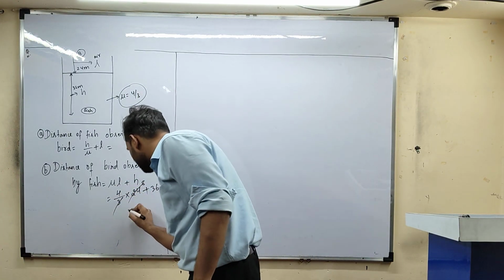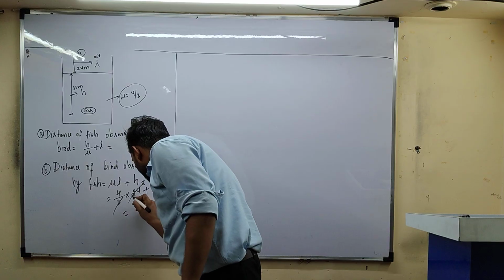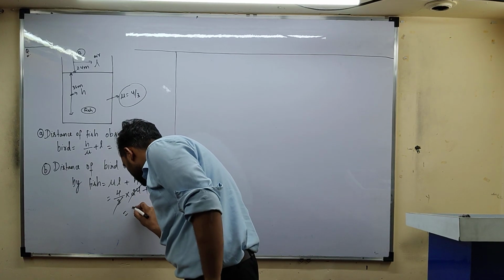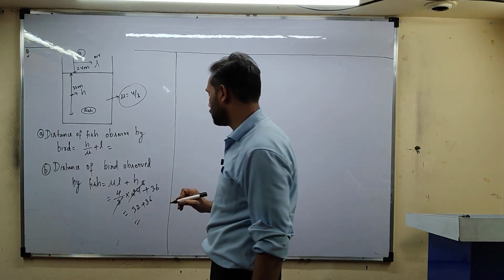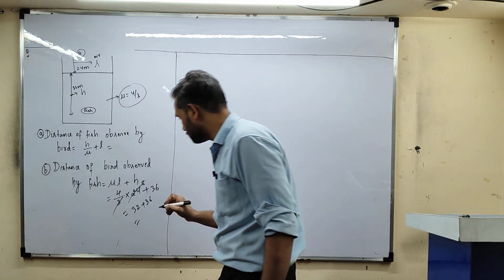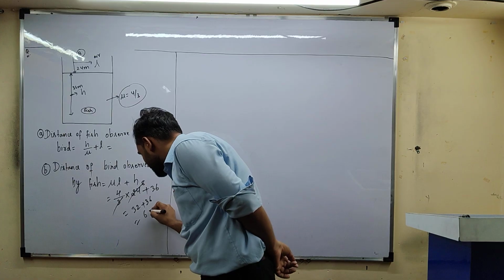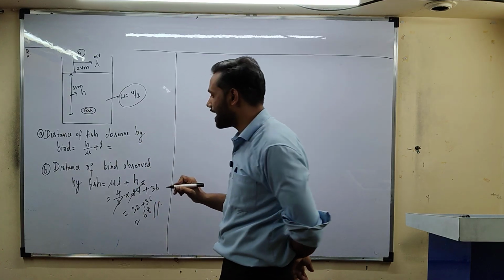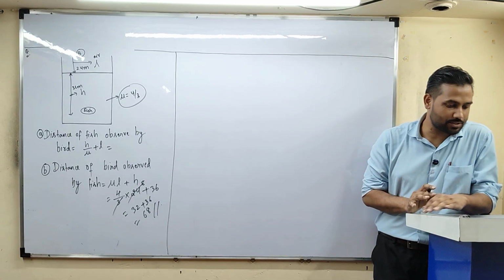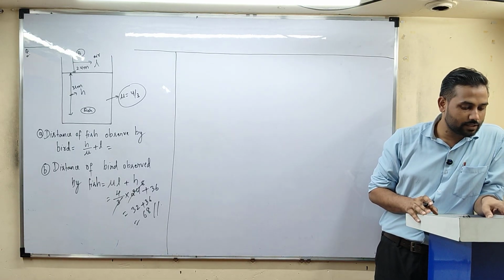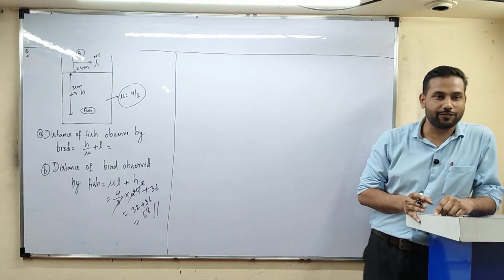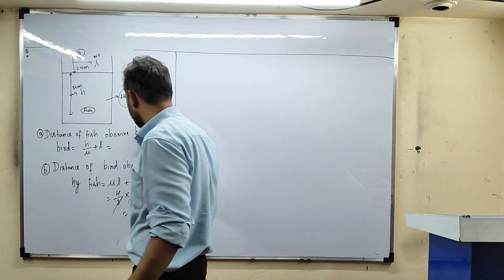After solving this, 8 fours are 32 plus 36. After doing the sum, what will you get? 68. Is that the final answer? In the first one you will get 51.